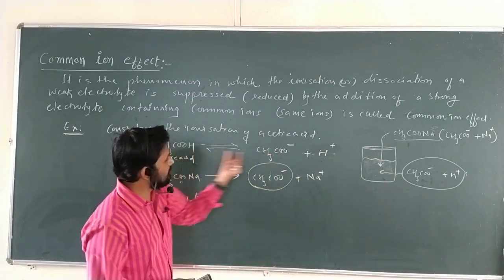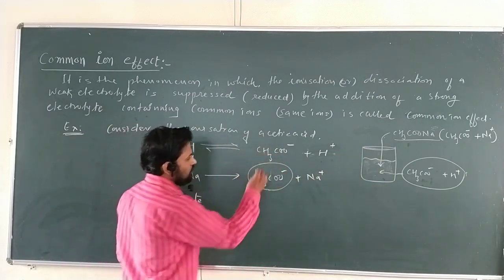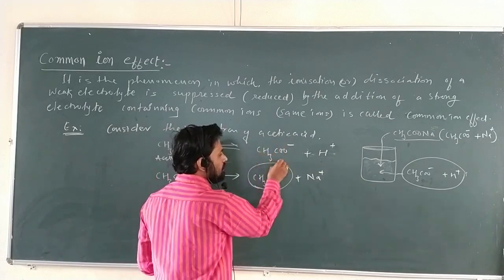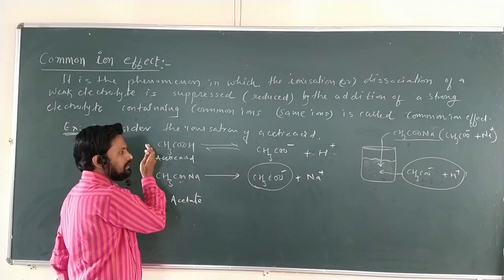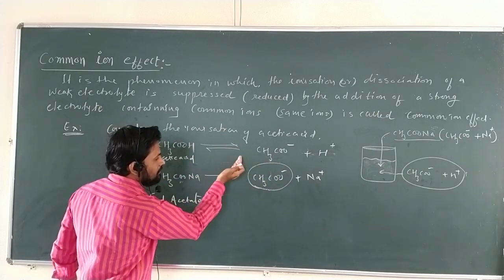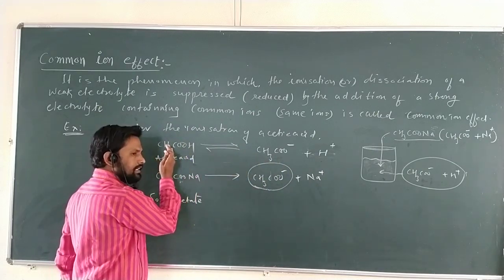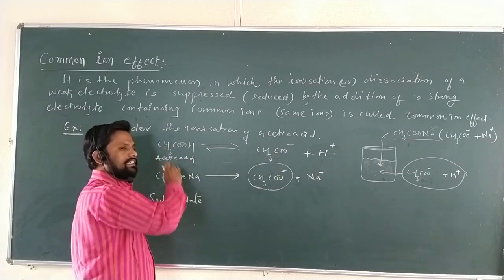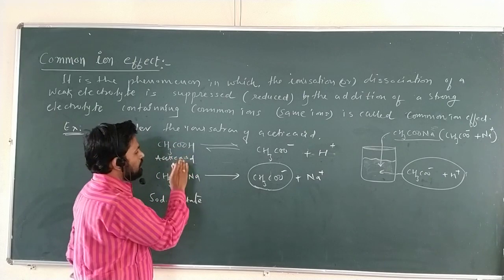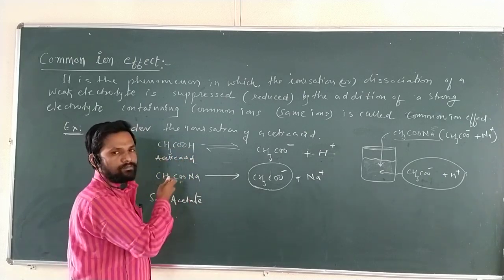Therefore, due to this increase in the concentration of acetate ions, the equilibrium is shifted towards the left hand side. Obviously the unionized acetic acid concentration increases. Due to this we can separate easily.